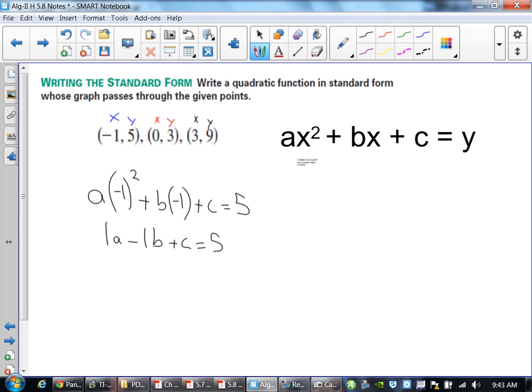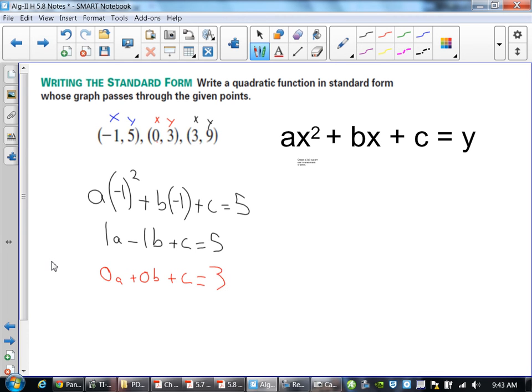I'm going to do the exact same thing for the other 2 equations. I'm going to substitute in 0 for x. I get 0a, because obviously 0 squared is 0, plus 0b, plus c has to equal 3.